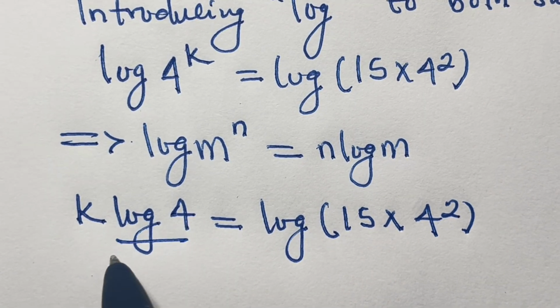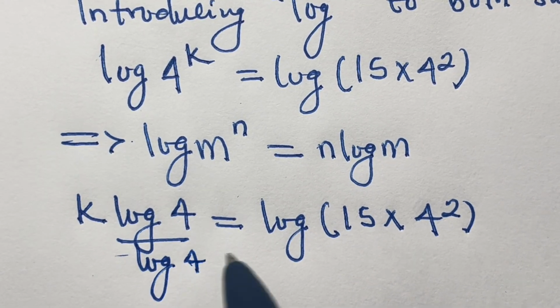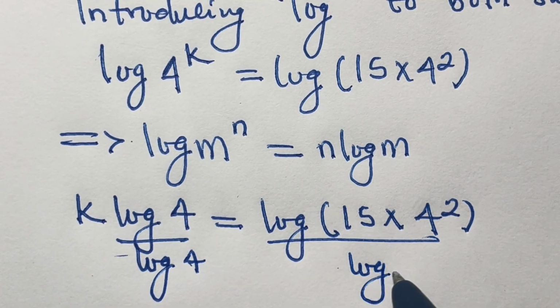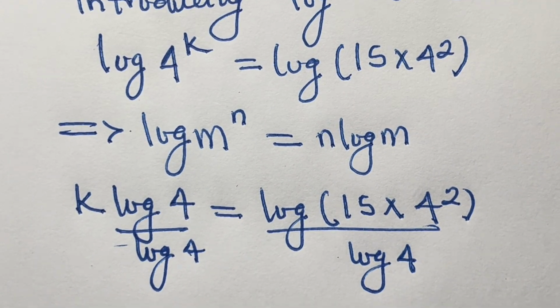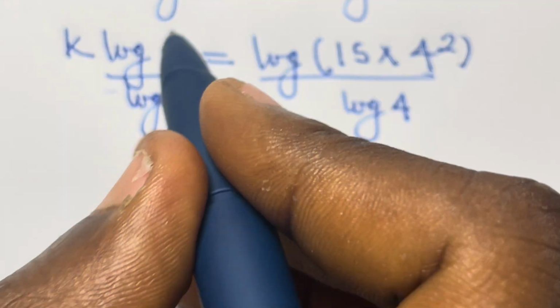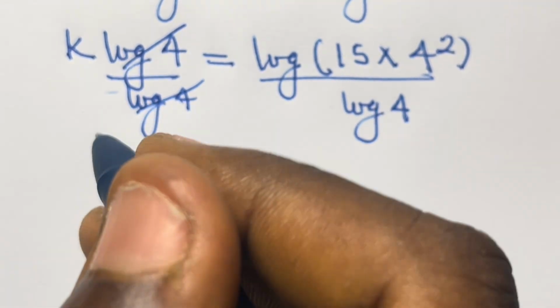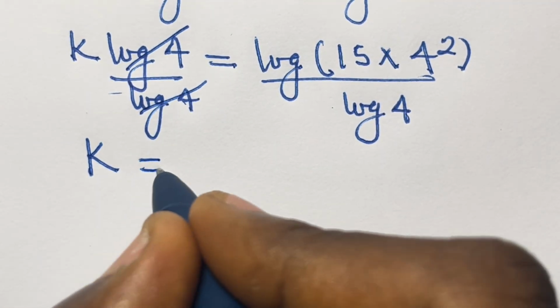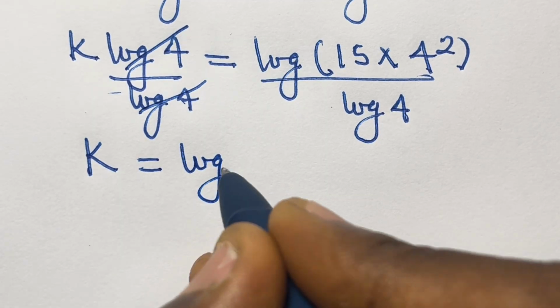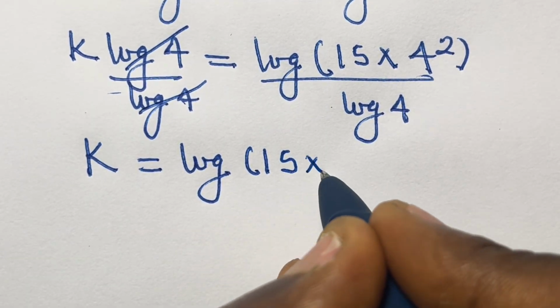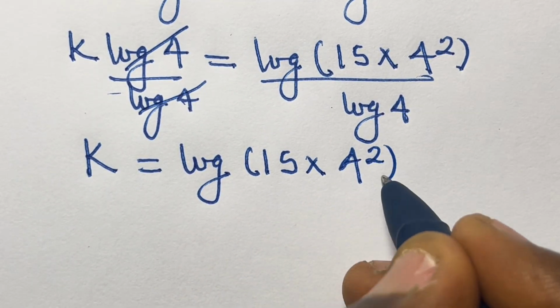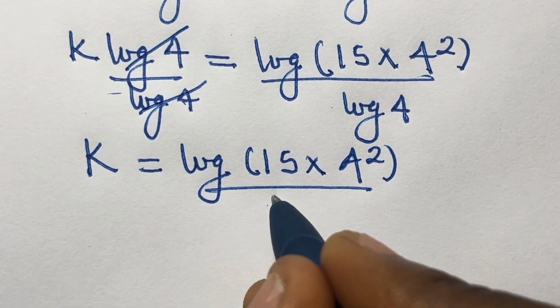And if you divide both sides by log 4, this cancels this, so we have k equals log of 15 times 4 raised to power 2 divided by log 4.